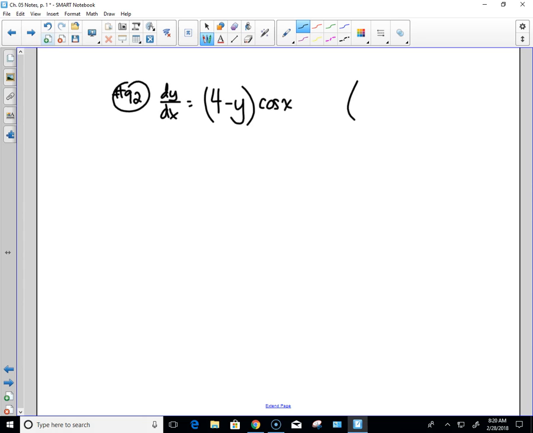Pi. Oh, got it. Pi is the x and y is the 1. Okay. And it's saying to use the tangent line, right?